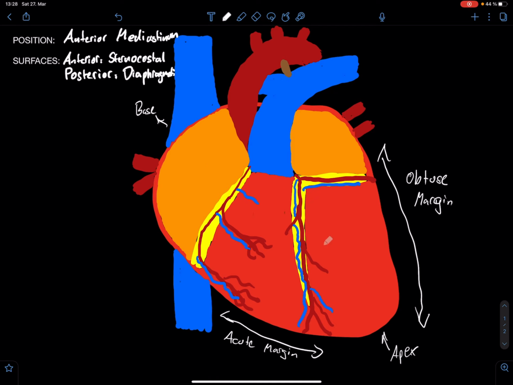What we can still see here from the big structures, we have here the right atrium, opposite of it we have the left atrium, and we have our big veins and arteries, namely here the inferior vena cava, and here the superior vena cava. Both of them open into the right atrium.